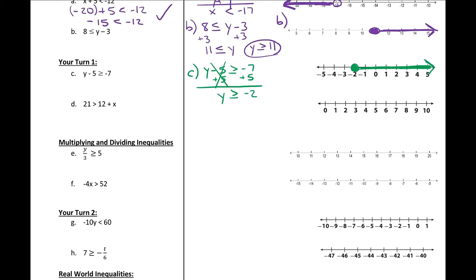For D, 21 is greater than 12 plus x. Get rid of our positive 12 next to the variable by subtracting 12 on both sides. That leaves us with 9 is greater than x. And we want to flip this. We'll write this as x is less than 9. So if 9 is greater than x, x has to be less than 9. Okay, open circle at 9. And shade to the left. Okay, let's look at multiplying and dividing.